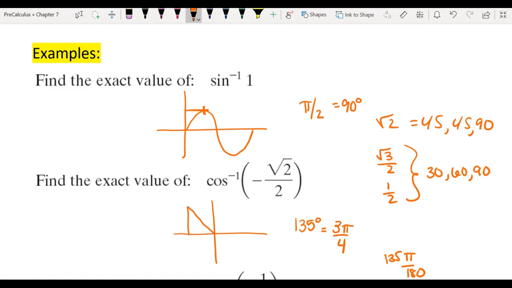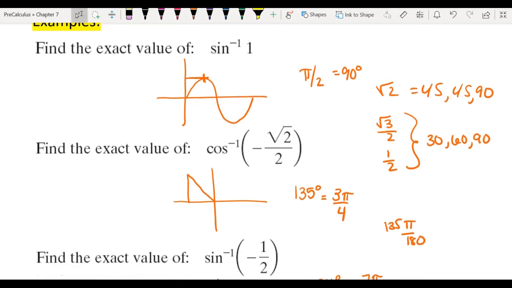Some of them you might know by heart, like pi. Some of them you might not. You're always looking for the x value which goes with this y if it's inverse.